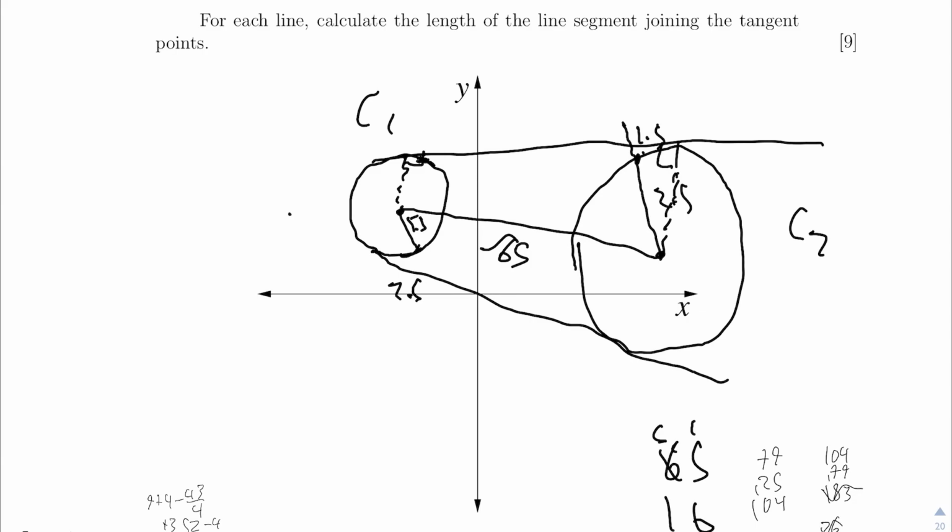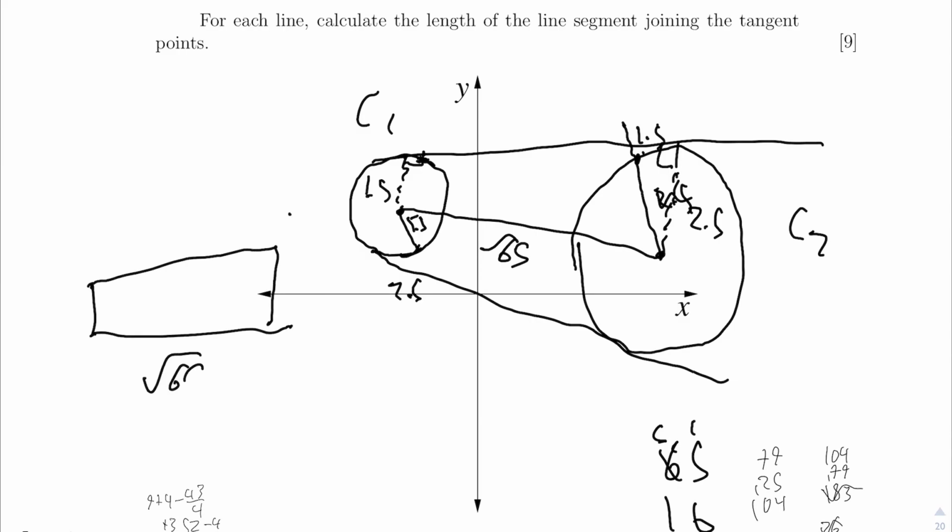So, what we can do to work out this length here is we can just work out this length here, which is 2.5. Oh yeah, this is 1.5. So then what we have is just a simple trapezium, where we have root 65, 1.5, 2.5. We need to work out this length here.